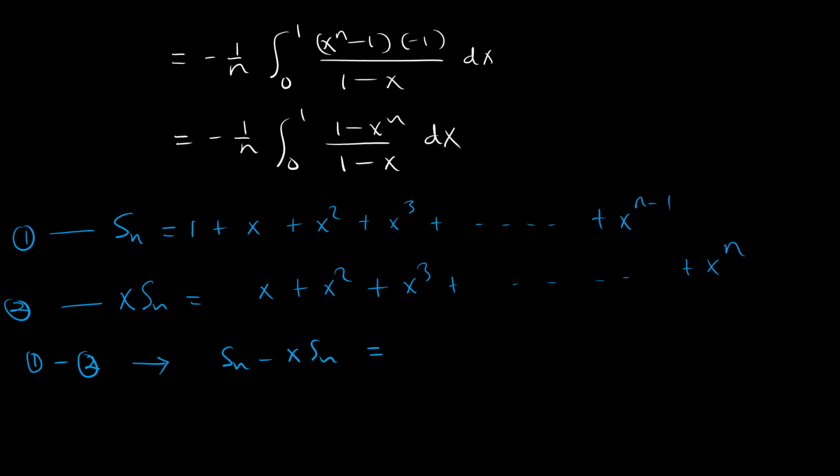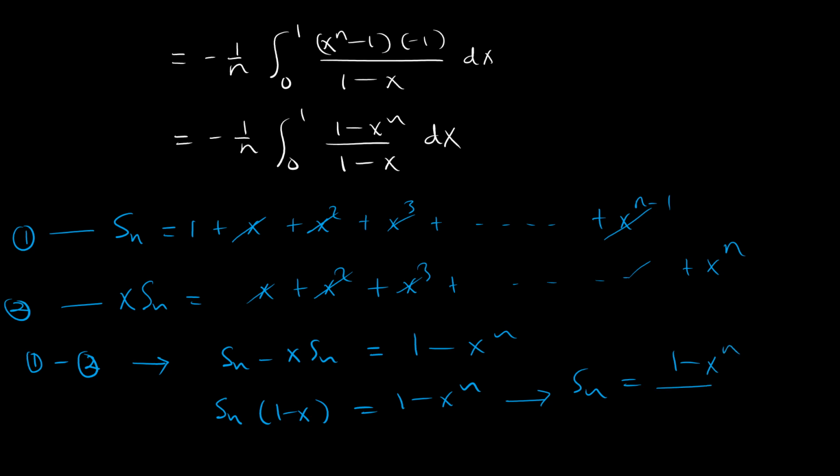equal to, when we subtract, this cancels with that, this cancels with that, this cancels with that, this cancels with something here. So we have 1 minus x^n, meaning that we can now factor out Sn, and we have 1 minus x being equal to, and that means that Sn is equal to (1 minus x^n) over 1 minus x.